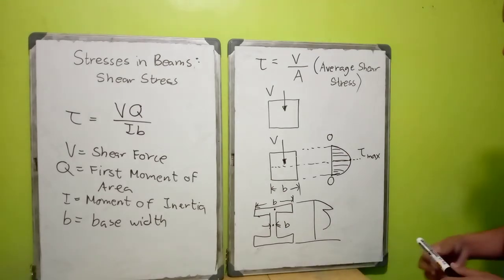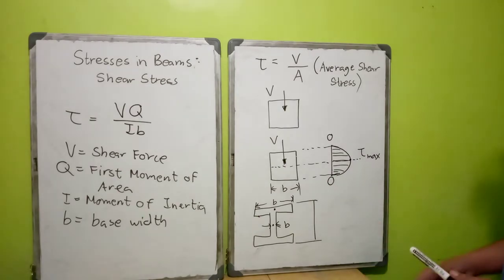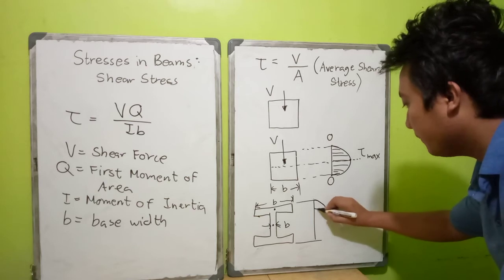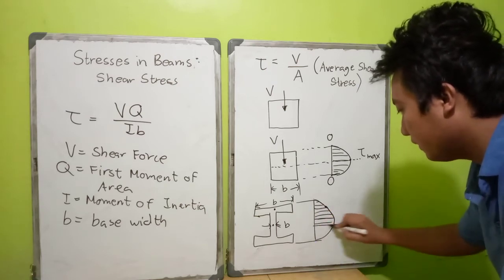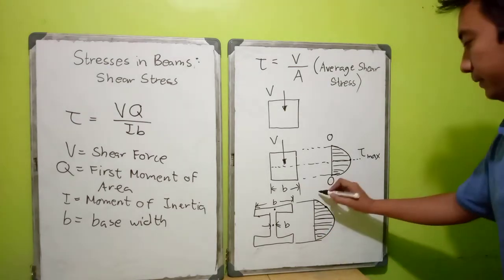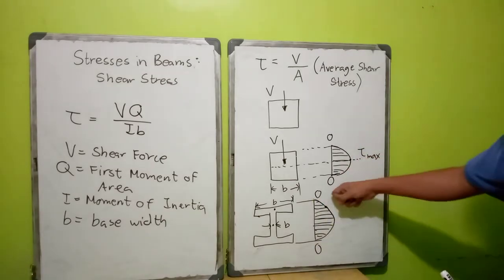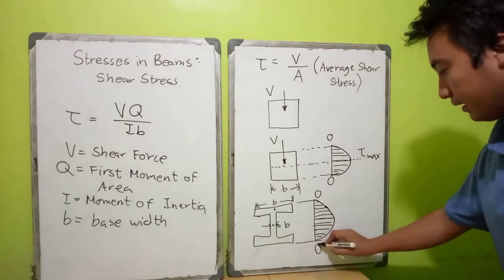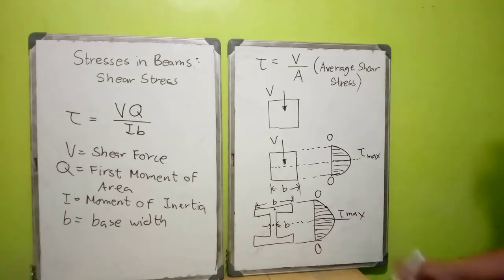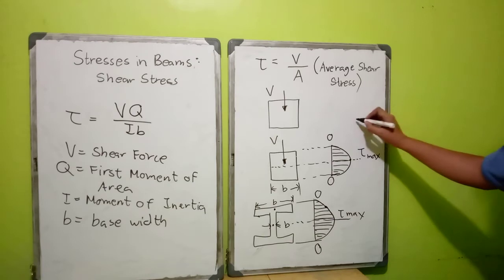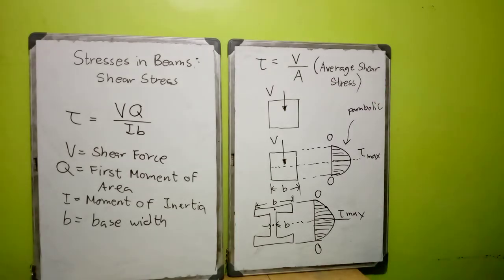It would still be the same: at far top it would be 0, at the far bottom it would still be 0, and somewhere at the neutral axis it will experience the tau max. So it is quite parabolic in shape.